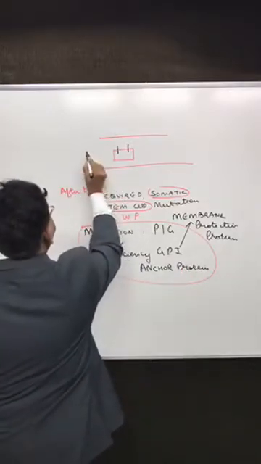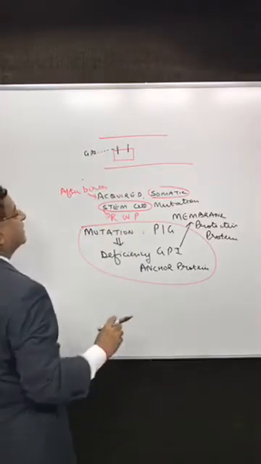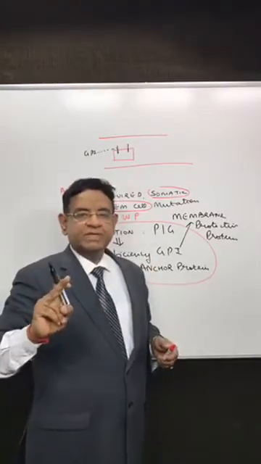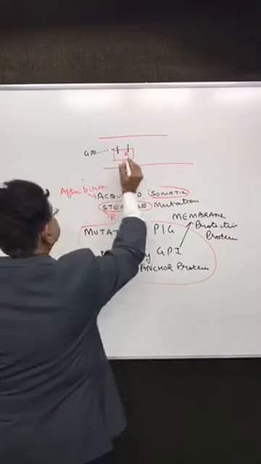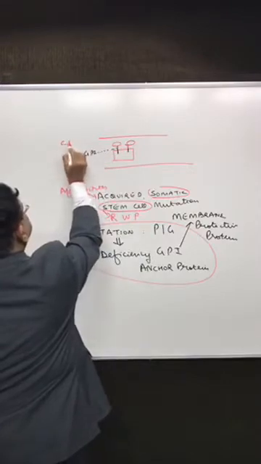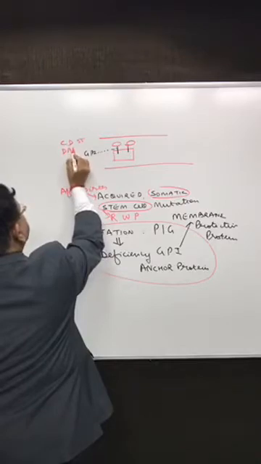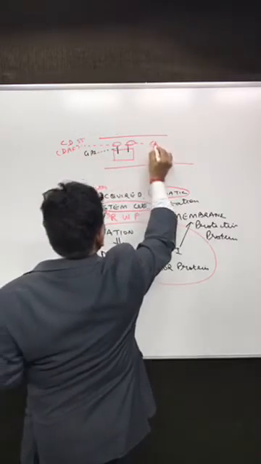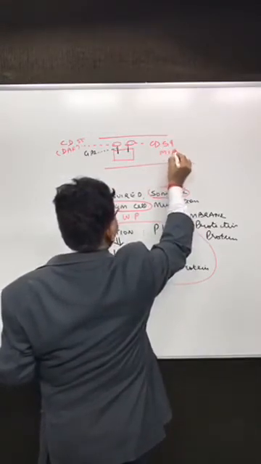So this is the GPI. Any cell, maybe RBC, maybe WBC, maybe platelet. So GPI is attached, and to the GPI is attached CD55, which is also known as DAF, or CD59, also known as MIRL.